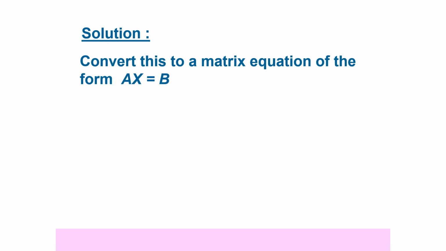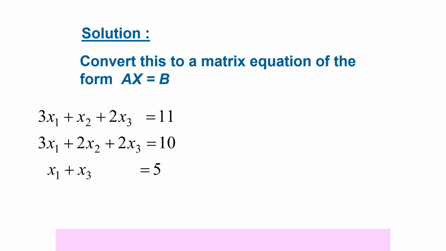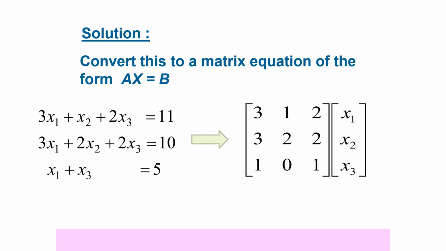The first thing to do is to convert the system of linear equations into the form of AX = B. So from the equations given to you, change it into AX = B, and you will get the form in the matrix of 3 by 3.